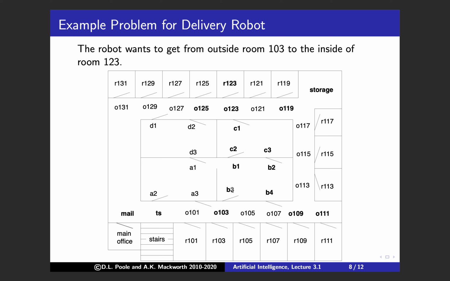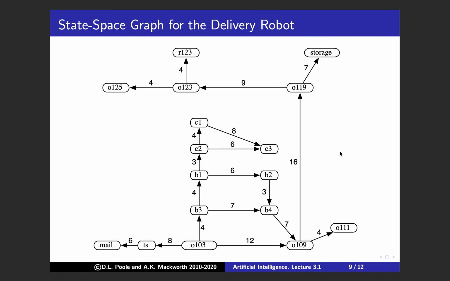From 0109, suppose we can get to 0111 or to 0119. So this is the graph here, and we're assuming we have costs associated with it.